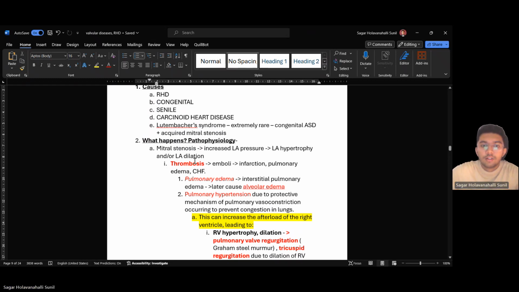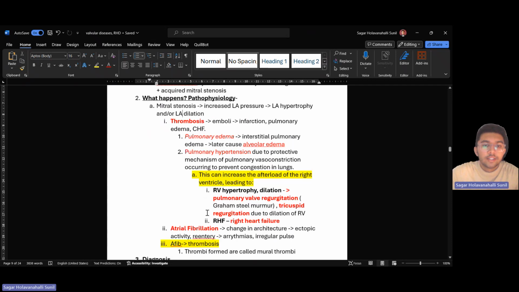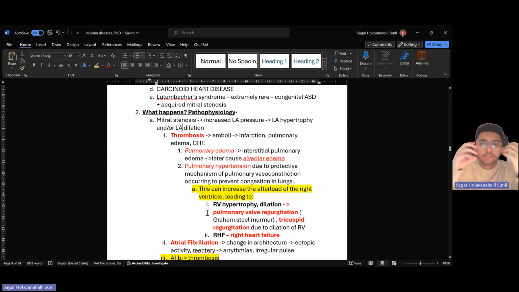It can also be the case that when there's dilatation of the left atrium, there can be new ectopic focal areas that start having their own electrical activity, and that can interfere with the electrical rhythm or the electrical conductance to the left atrium.